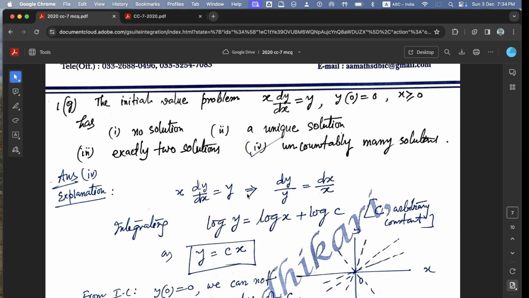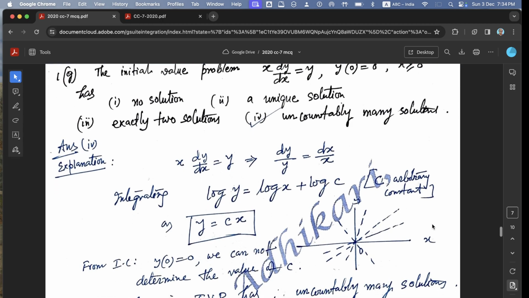After separating variables, dy/y equal to dx/x, integrating, log y equal to log x plus log c, where c is an arbitrary constant. So y equal to cx, a straight line passing through the origin, for any parameter c.